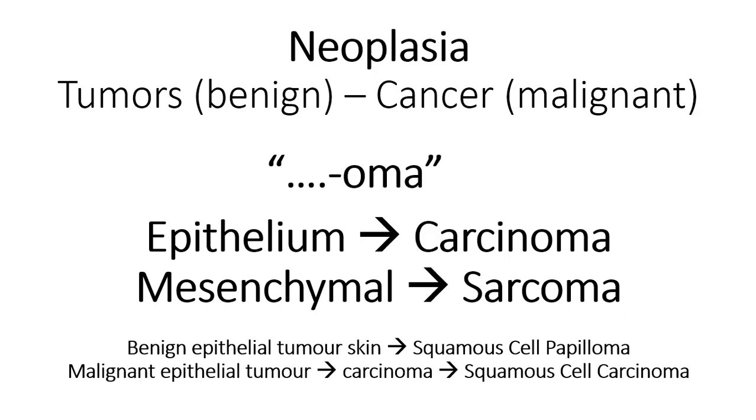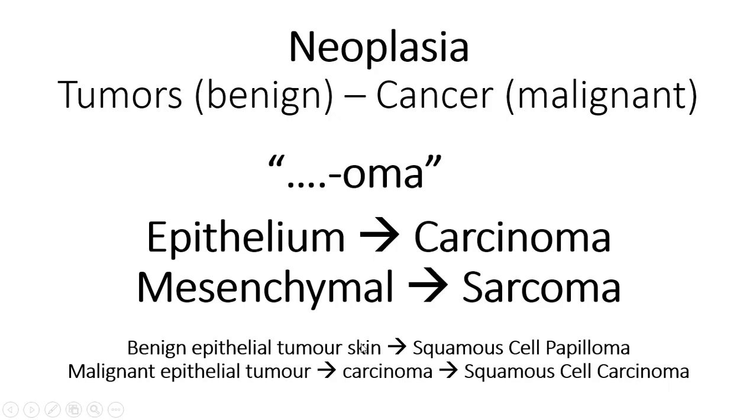But in cases of benign, usually, although not all types of tumor, it will be oma only. But if it's malignant, okay, there will be oma or noma if it's related with the epithelial origin of the tumor.